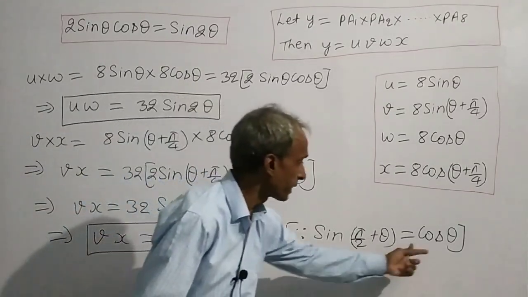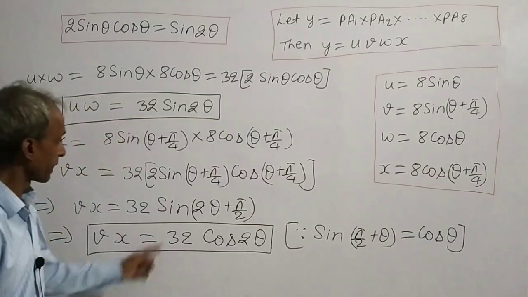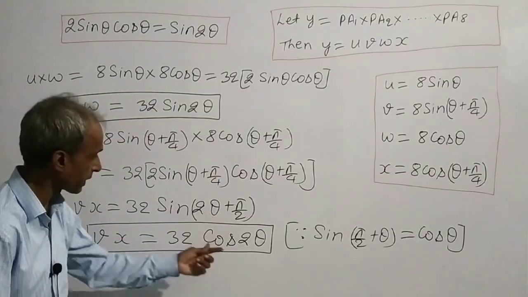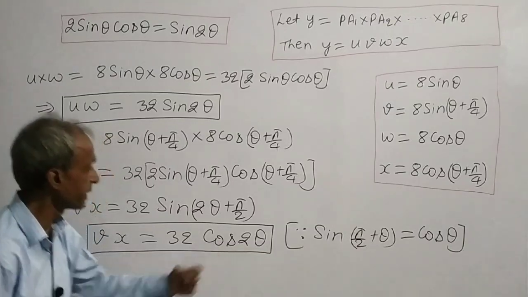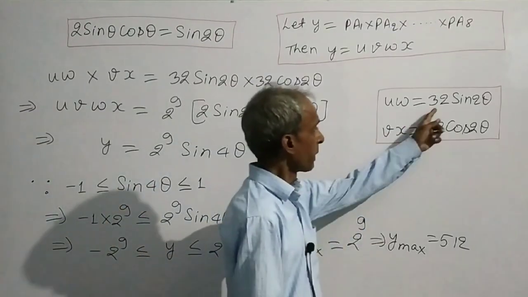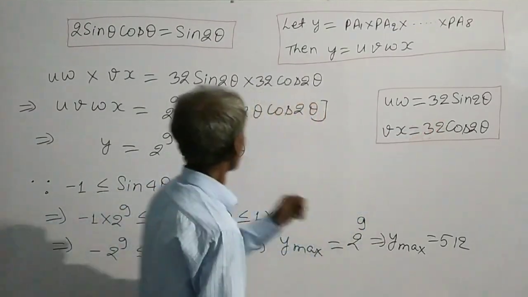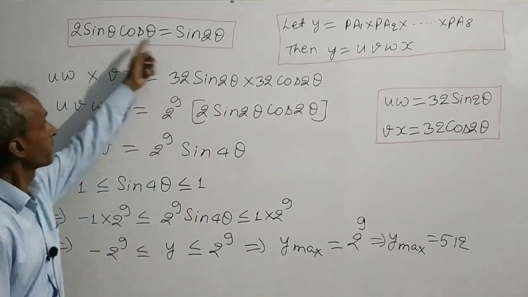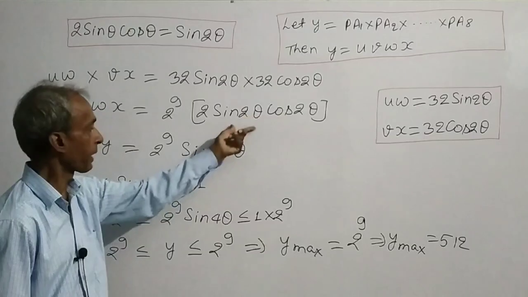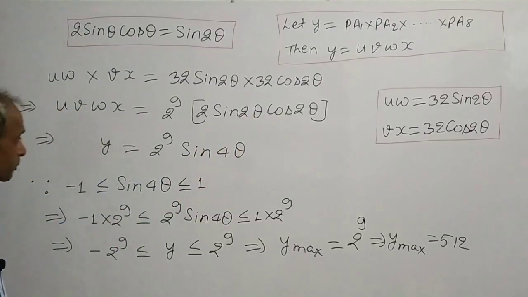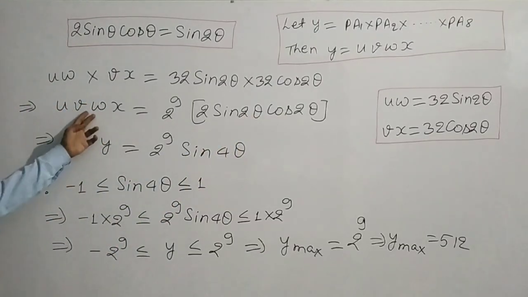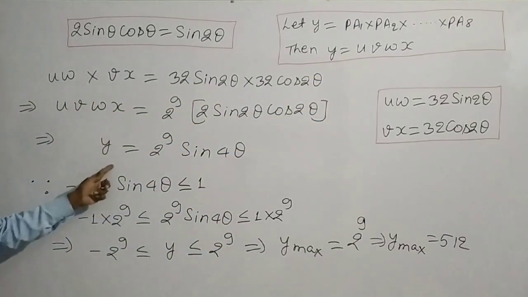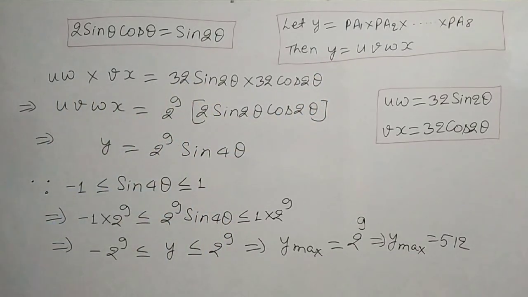Sin pi by 2 plus theta is equal to cos theta. Therefore, this sin pi by 2 plus 2 theta can be written as this. Now we multiply these two and write here. Apply this formula inside this bracket and write this. This is equal to Y. Therefore, Y is equal to this.